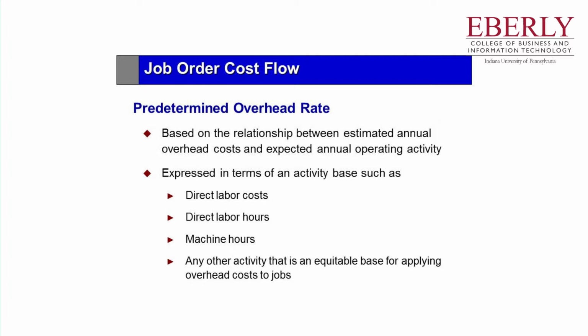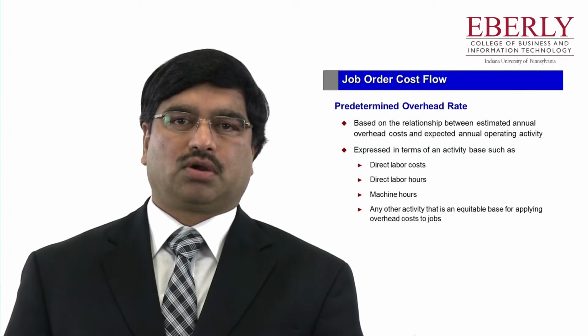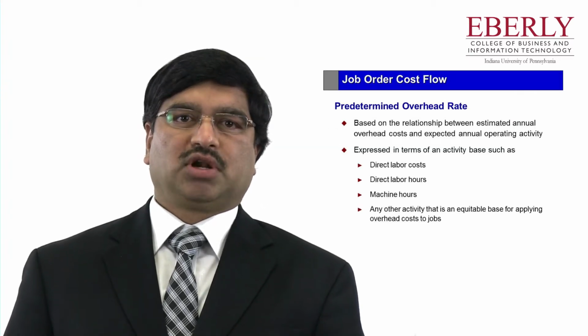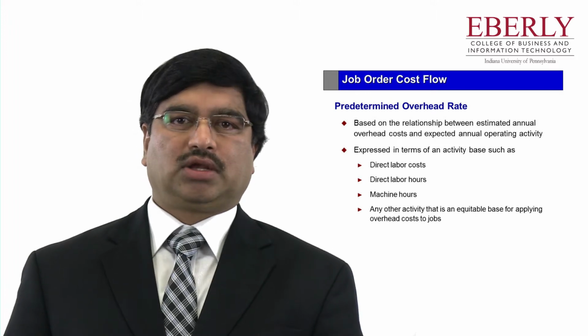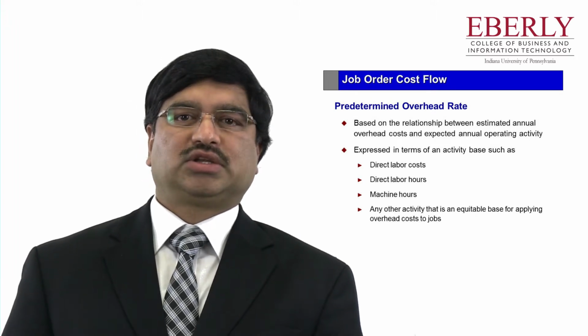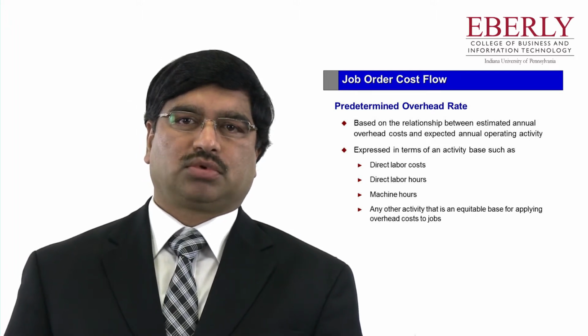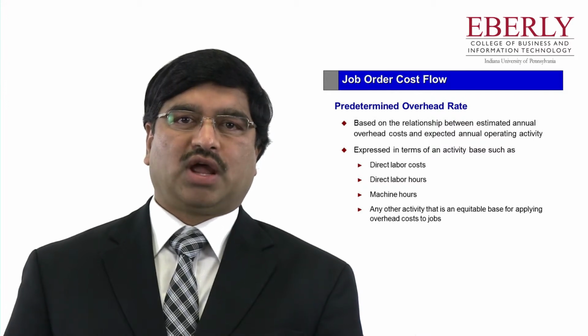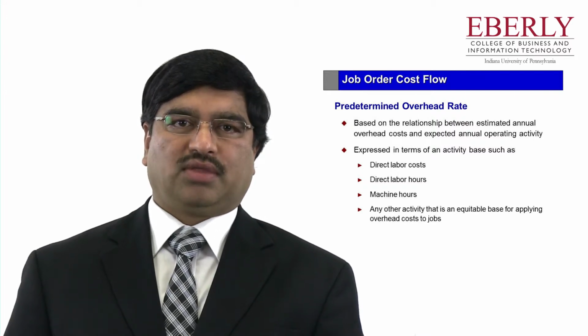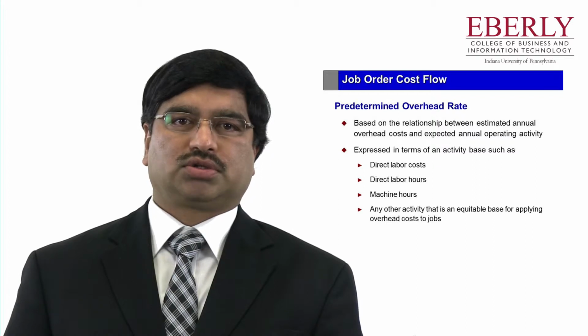Maybe we could have chosen the number of students in your class as the basis. But that does not have any relationship to the $400 that were spent. Similarly, when you decide upon an activity base, it needs to have some relationship. It needs to drive that overhead. And that is why these are called cost drivers.